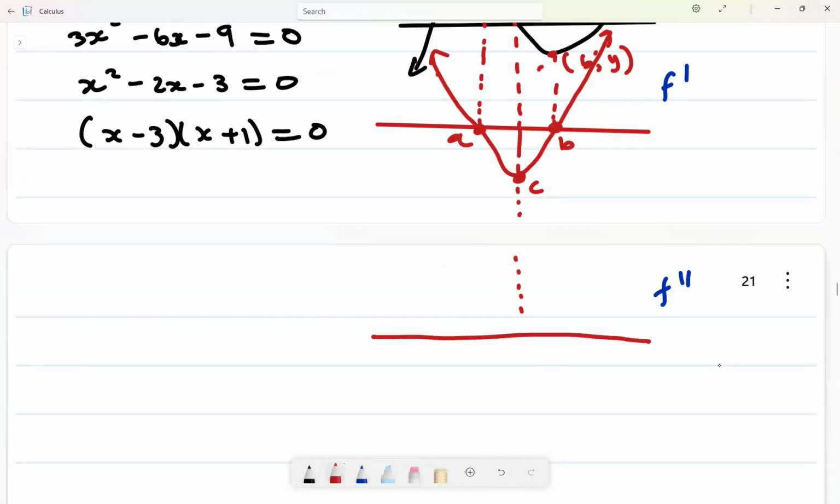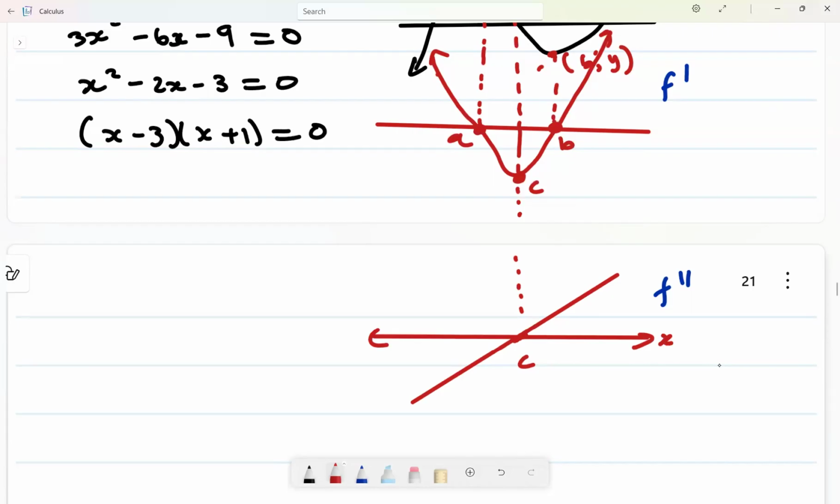Always when you derive a parabola, the x coordinate of the turning point becomes the x-intercept of the what? Of the straight line. And then these ones I do not care. Remember, I only need one. So it's going to be like this. Can you see, guys? So it's basically this. So this is just my x.